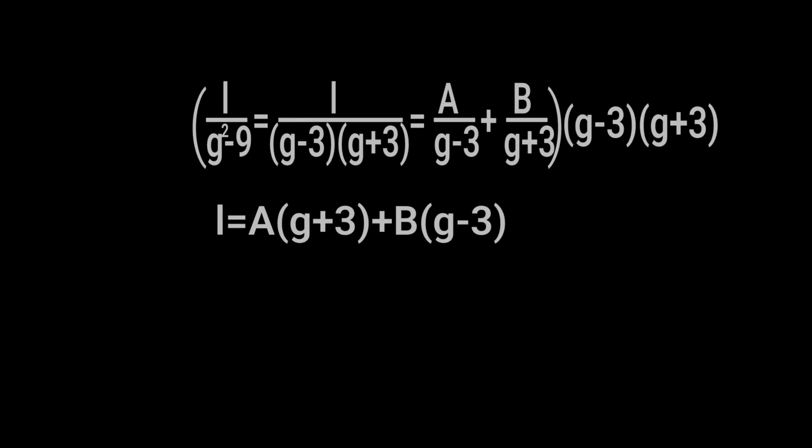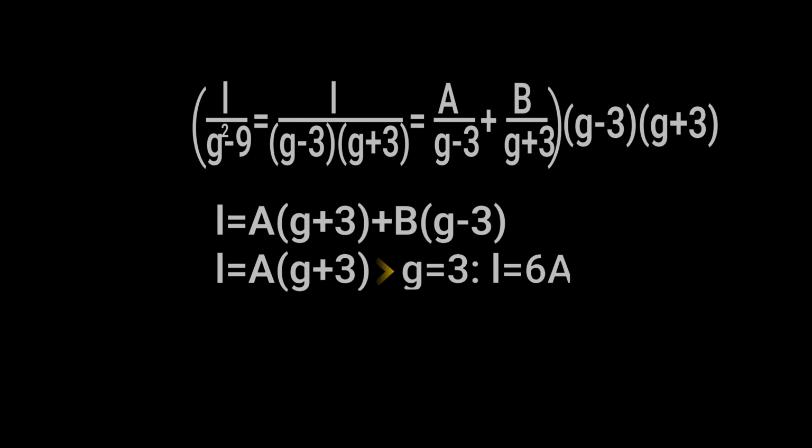This is a system of linear equations. What that means is we can take 1 equals a times (g plus 3), then pick a value for g. We're gonna pick 3. 3 plus 3 is 6, so that gives us 1 equals 6a. Then we divide both sides by 6, and that gives us a equals 1 over 6.